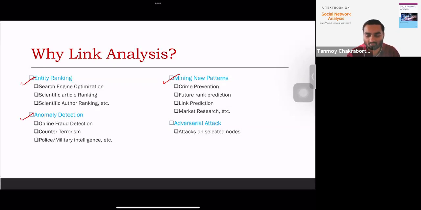Your task would be to understand the importance of different links with respect to the product or the advertisement that you want to spread. It also helps in crime prevention, and many other applications.